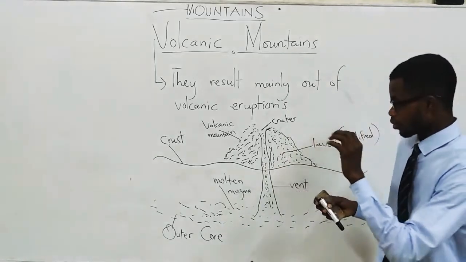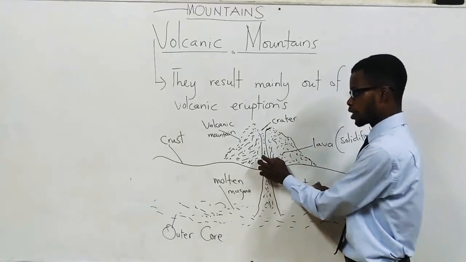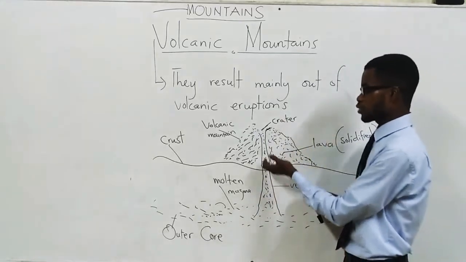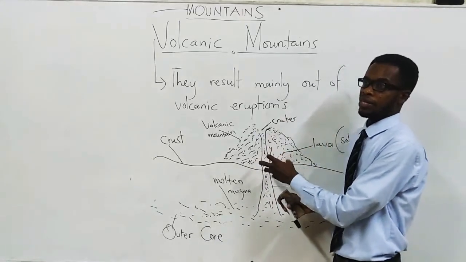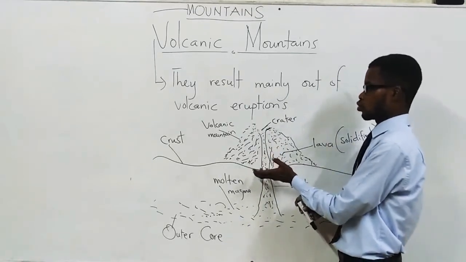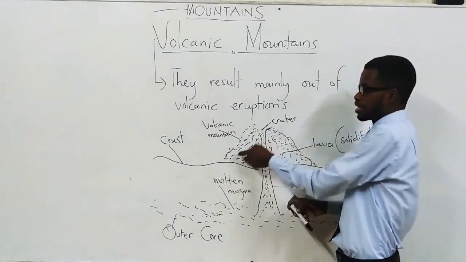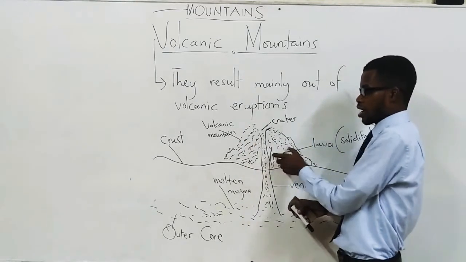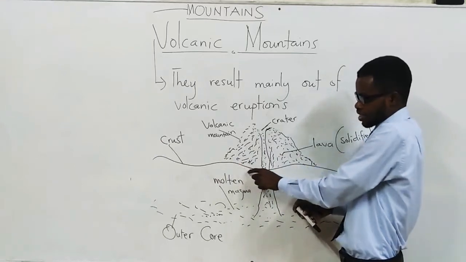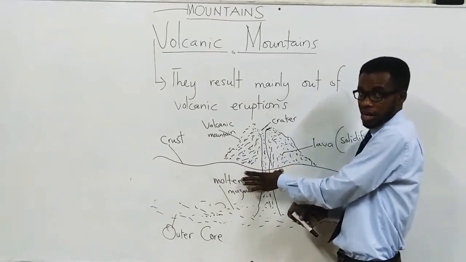Now, final thing before we end this session. As the magma is flowing, mind you, it gets to a point whereby maybe the force doesn't push it enough to completely appear on the surface. Some remain in these mountains or just below the surface of the crust.